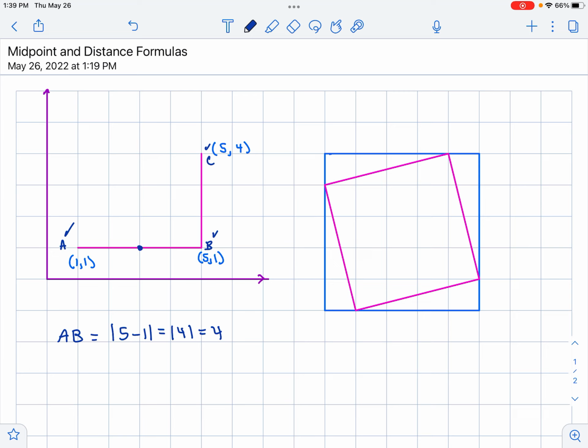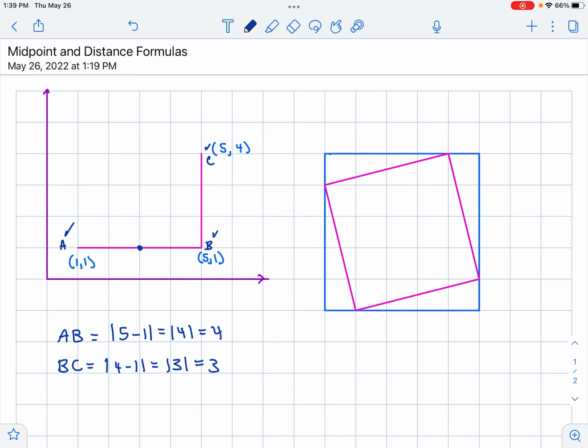And while I'm at it, let's get the length of BC. Now we've got a vertical line, so we just care about the y. So this is going to be 4 minus 1, which equals 3. So the horizontal segment is 4 and the vertical segment is 3.